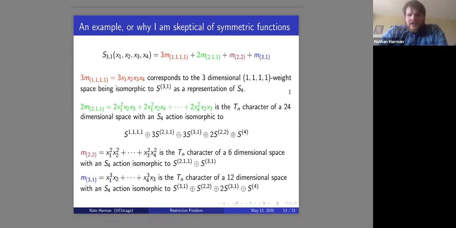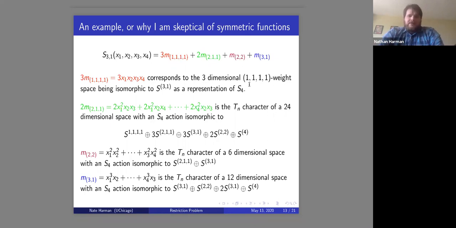But what's important is these representations contain information about the symmetric group action that's just not apparent when we write it as a symmetric function. So this green term is really a sum of 5 different S4 representations, each with some different multiplicities. One thing I want to demonstrate is that, in my opinion, if you take symmetric polynomials too early, if we take the character too early, we destroy all this information.